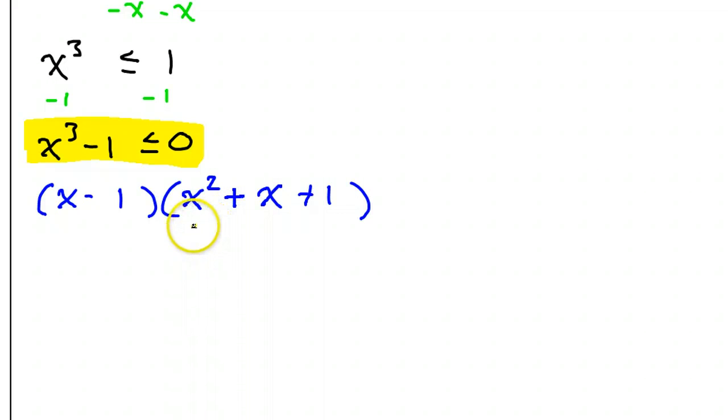Now, normally we would try to factor this more, but when we factor the perfect cubes using this method, this trinomial will never be factorable. We might even try using the quadratic formula, but these will turn out to be imaginary solutions. So they're ungraphable.